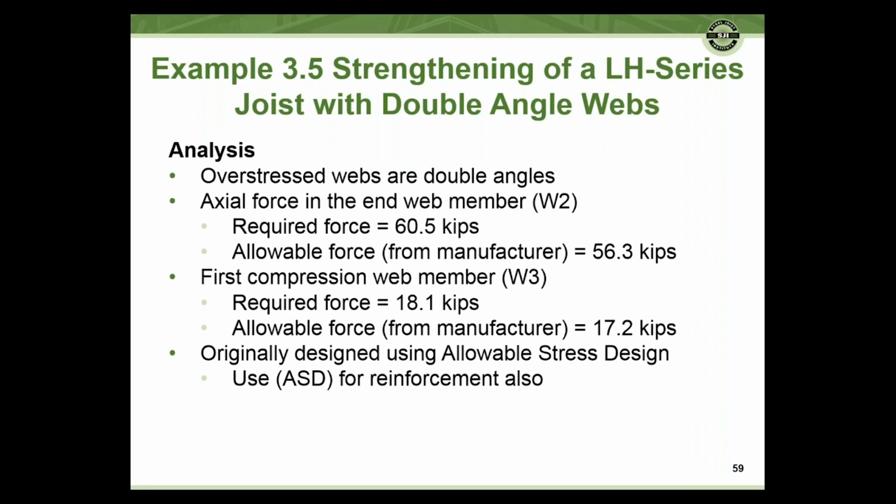We also found that the first compression web member was overstressed, and that force is required to be 18.1 kips, and the allowable force in that web is 17.2 kips, so we're a little beyond what we want to deem as acceptable. Our original design was using allowable stress, so when we design our reinforcement, we're going to use allowable stress design.